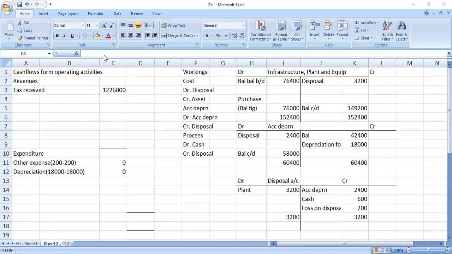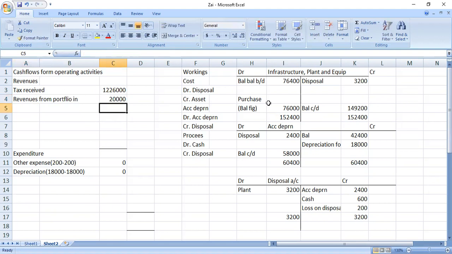So just treat it as it is, meaning it doesn't have any opening or closing balances. Hence 20. Come and say revenues from portfolio investment. How much? It's 20,000.